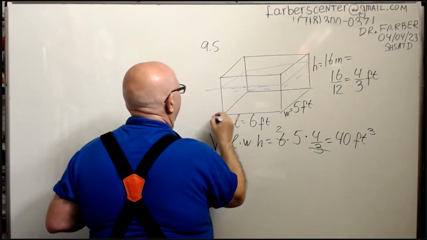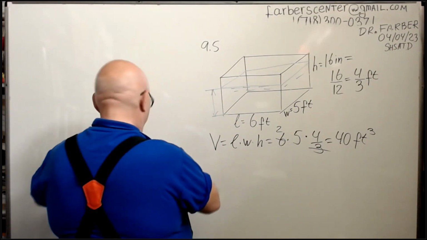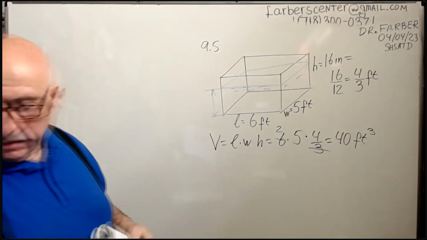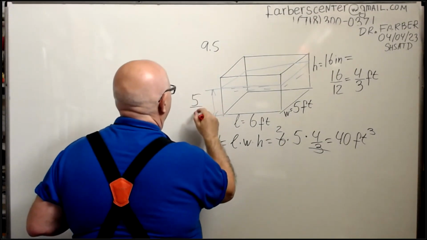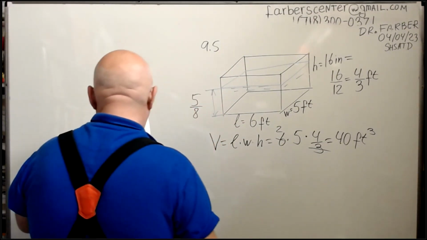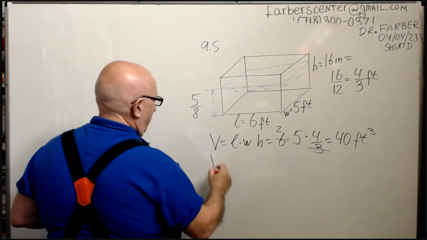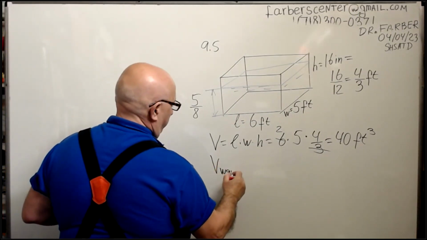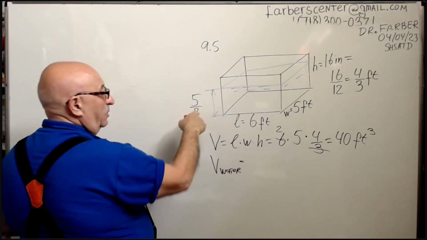And this is 5 over 8 of this tank, of this volume. And the question is, how much water is here? Easy. The volume of water is 5 over 8 of this amount.